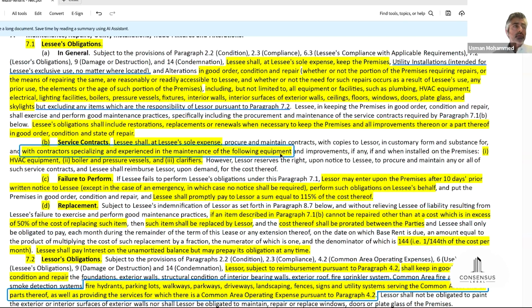So contractors to me indicates a third party. There's no option here for an employee of lessee, even if they're experienced, to do the maintenance of the HVAC equipment, for example. So I would say that it is not permitted under the AIR CRE lease. And if lessee wants to service the HVAC in that way, it would have to modify the AIR CRE lease.